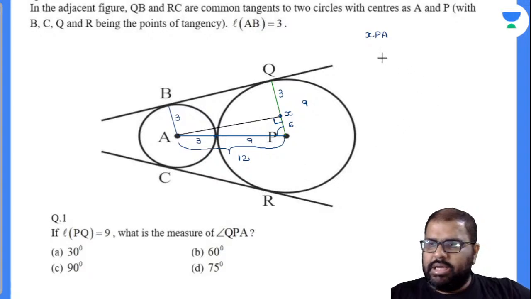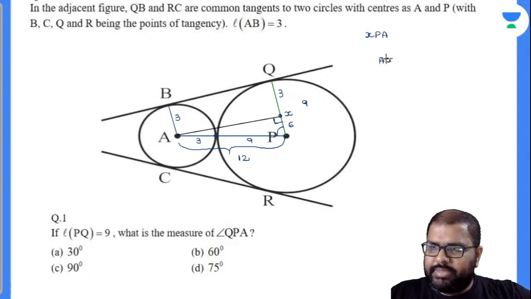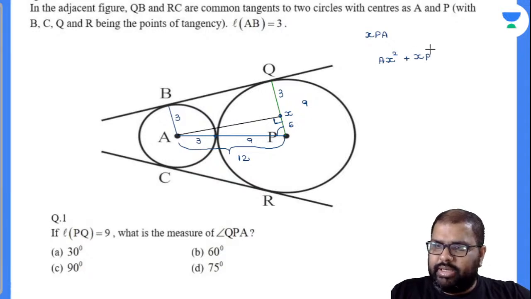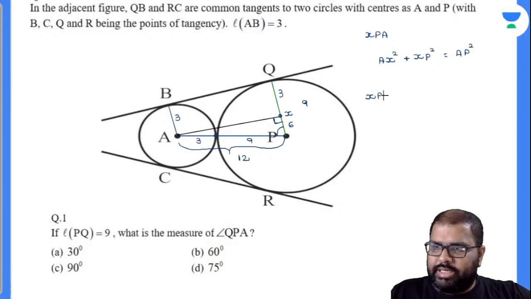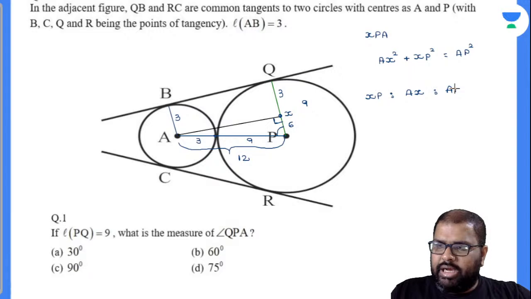AX square plus XP square is equal to AP square. XP is the shortest side, next side will be AX, next side will be AP.